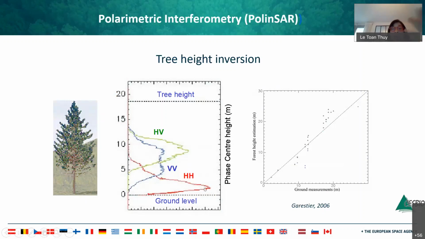In this case, when we do some modeling with the random volume over ground, for example, for this kind of forest, we could retrieve the tree height with some uncertainty. But it's a way to use different modes in order to have more information.